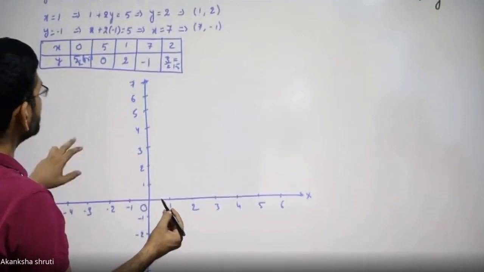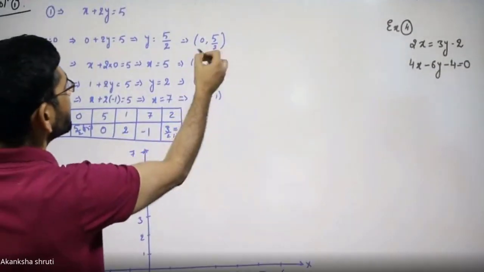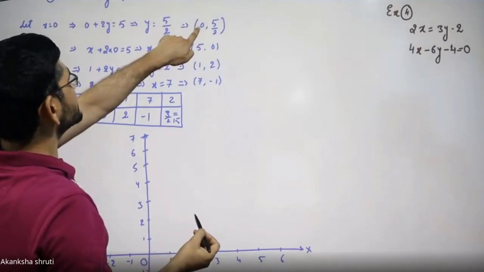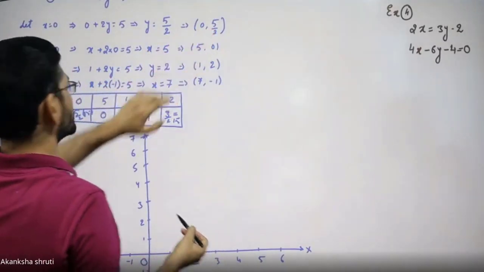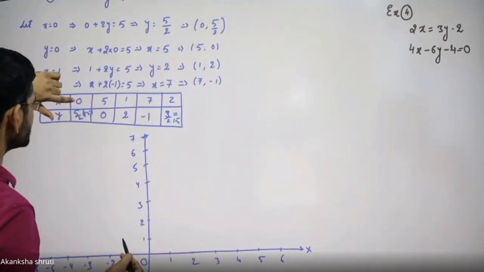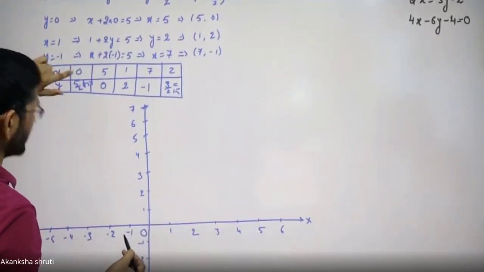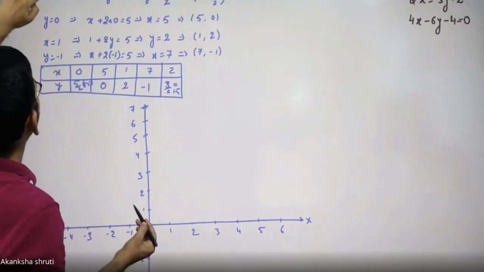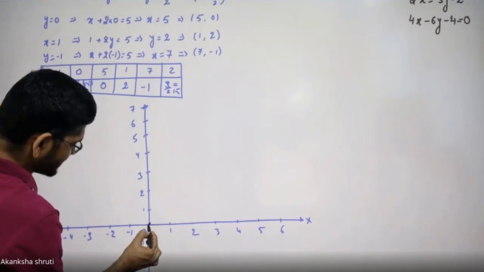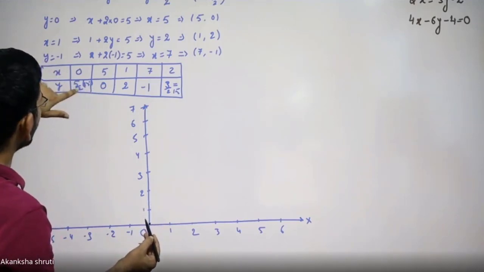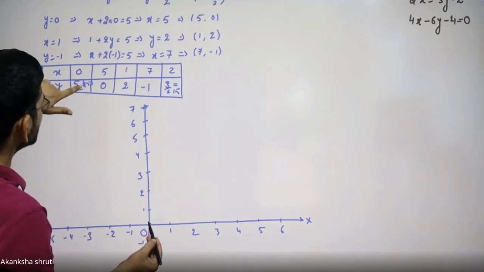Now we have to plot these pairs. So student, the very first pair is x is equal to 0, y is equal to 5/2. Rather than writing this pair, you can directly observe from this one. First, move to x is equal to 0. x is equal to 0 means on the x-axis it is our origin. So keep in mind, on the x-axis it is our origin. The y value is 5/2, which is positive.